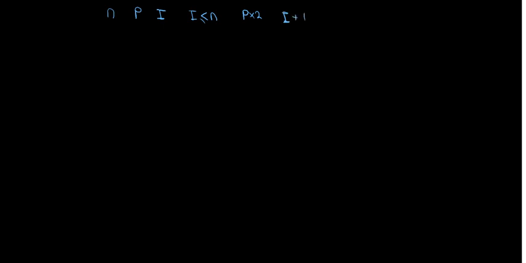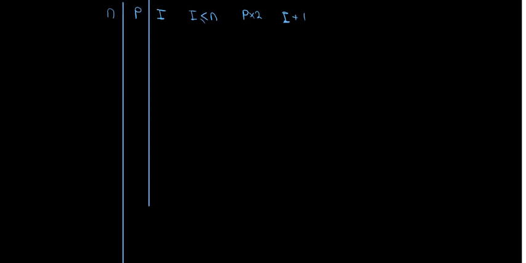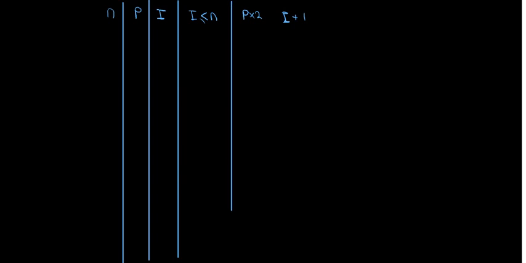So I'm going to keep track of all these things. Then I'm just going to draw myself a very simple table. This table is used to simulate what's going on inside the algorithm, and I'm going to show you how to do that.